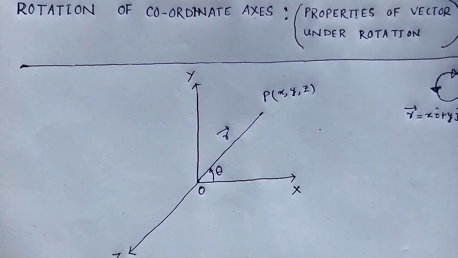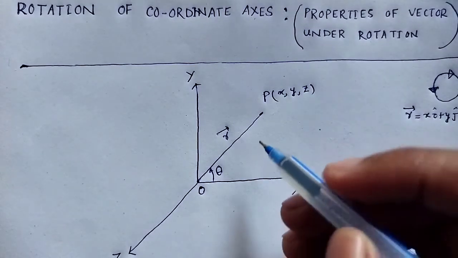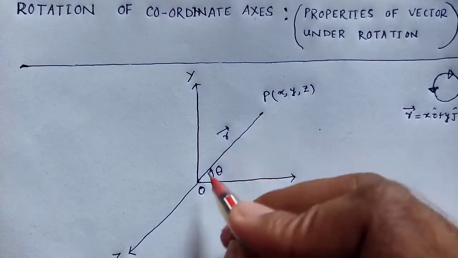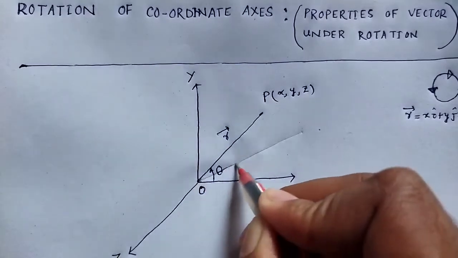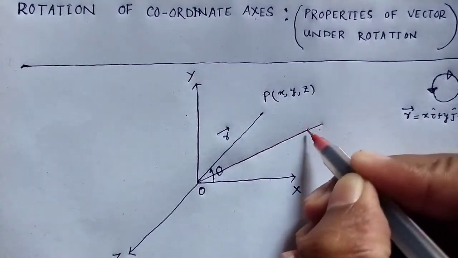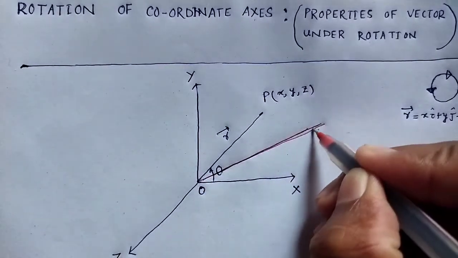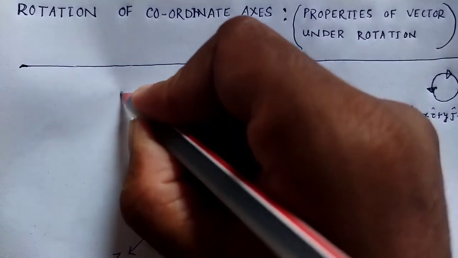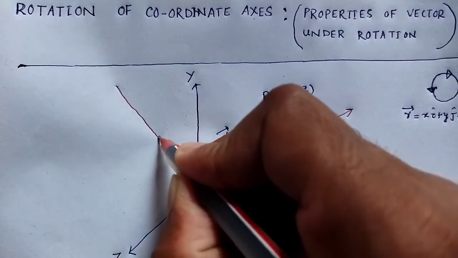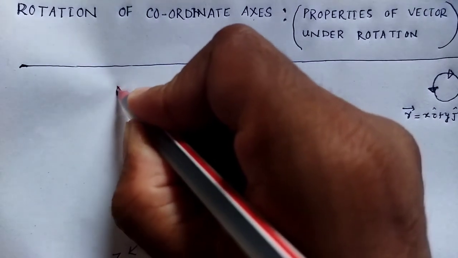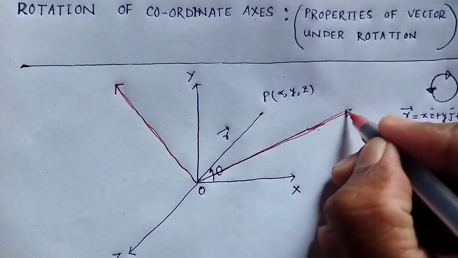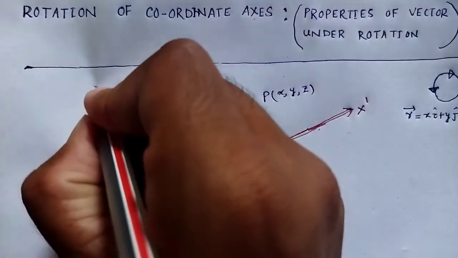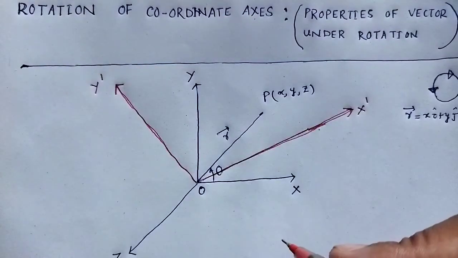See the figure. If we rotate, x changes to x dash, y dash.